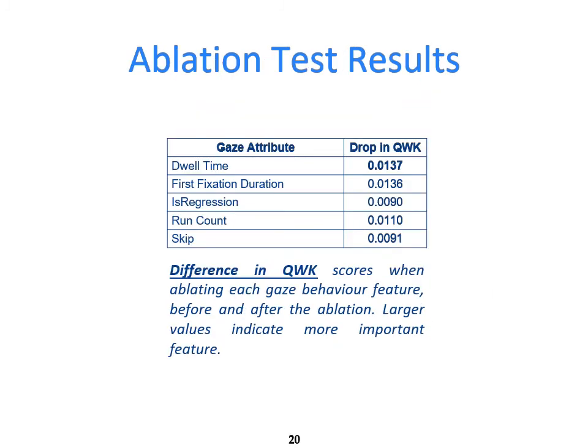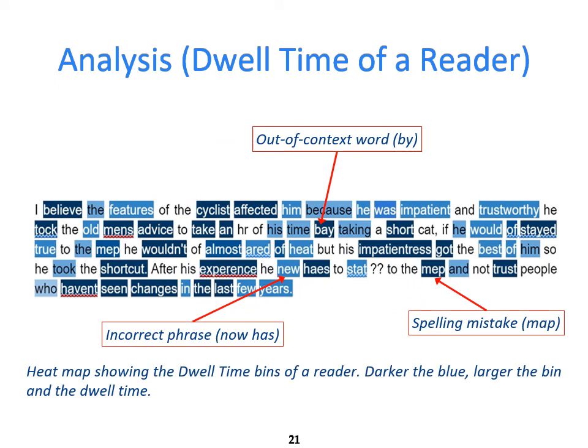To find out which of the gaze behavior attributes are the most important, we also run ablation tests. And here we see that the most important attributes happen to be the fixation based attributes, namely the dwell time and the first fixation duration. This slide is a heat map for the dwell time of a reader as they read one of the passages.